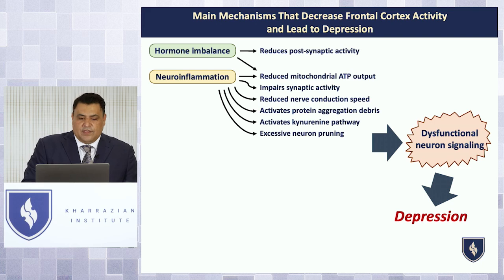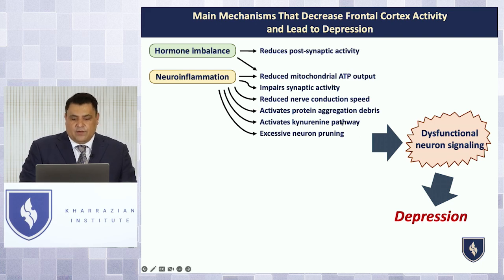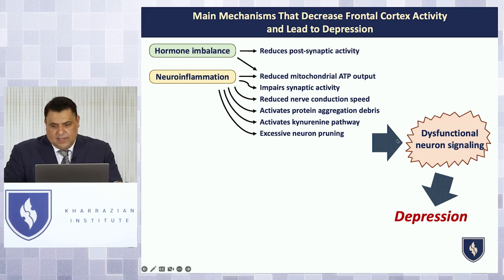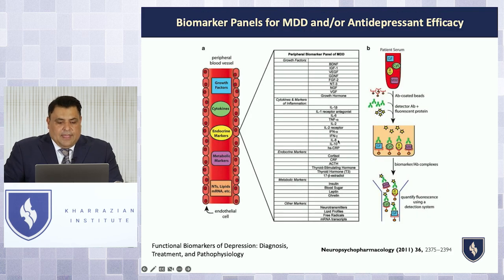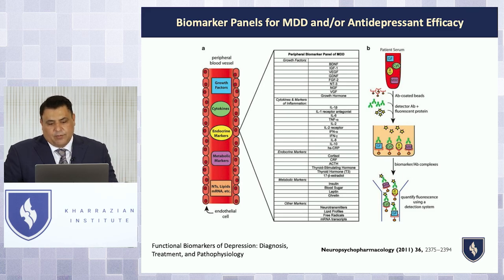Now, neuroinflammation also has been a major factor in dysfunctional neuronal signaling. There are multiple mechanisms that are listed here. We'll go into those in detail. And when they do studies, when they look at the biomarkers of patients with major depressive disorder, they definitely see inflammatory markers as a key factor between those that have depression and don't have depression.